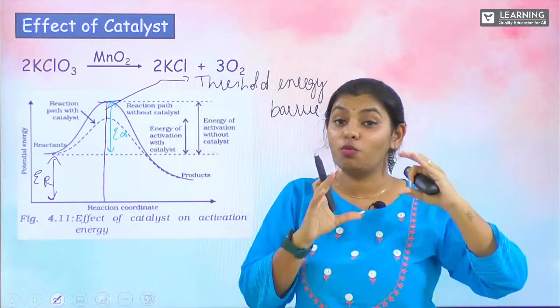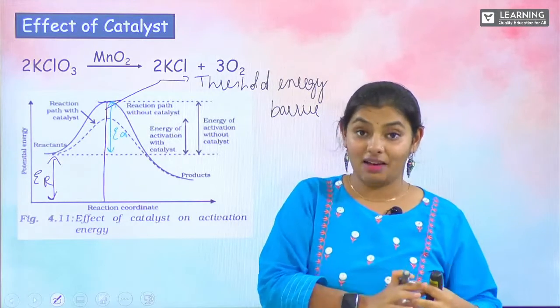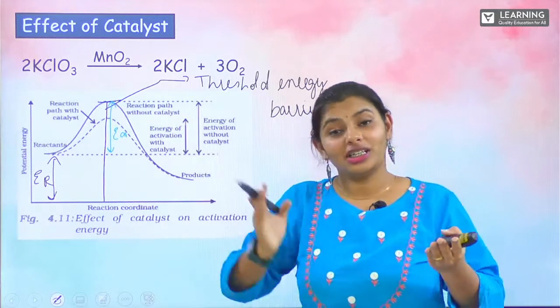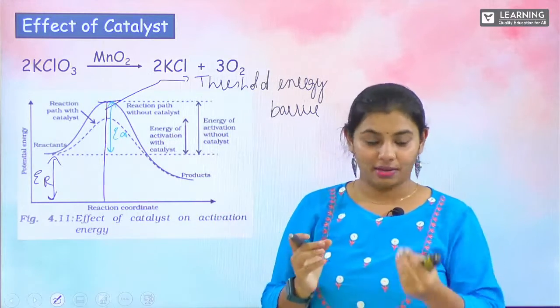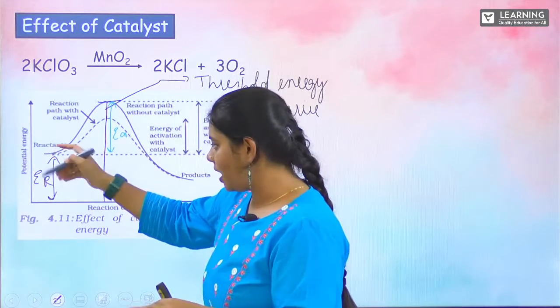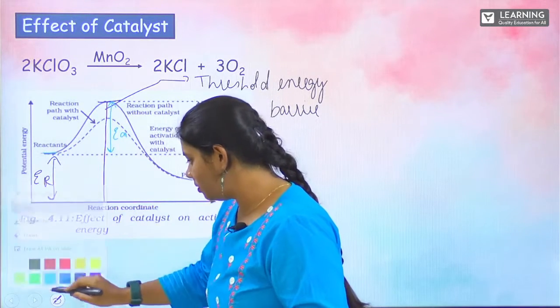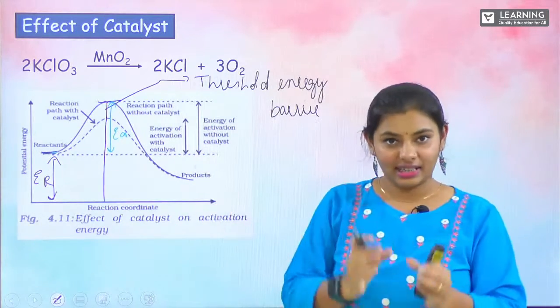What do we mean by activation energy? Along with the potential energy the reactant already has, there's some amount of energy that is still required in order to cross the threshold energy barrier. That is our activation energy. So you can see this is the pathway which I'm marking here. This is where the reactant is going to start.